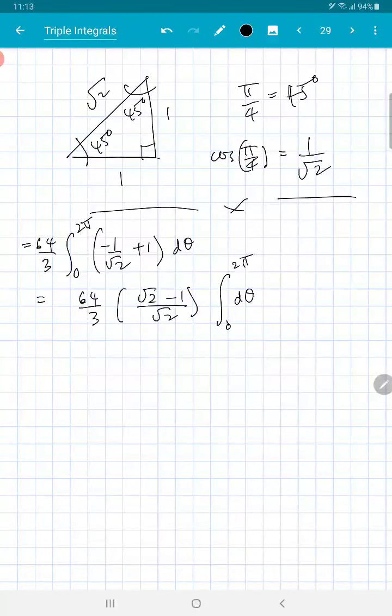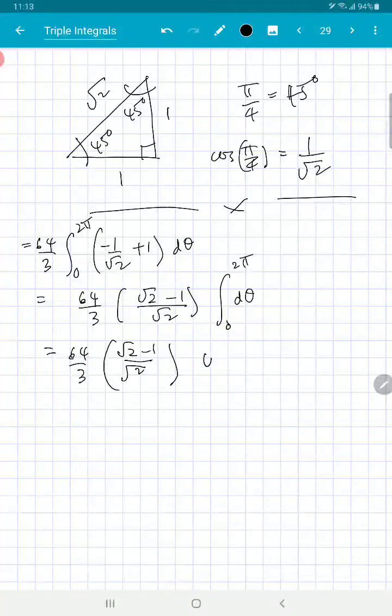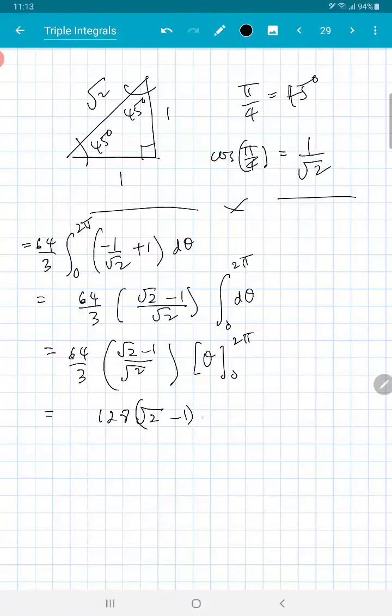Integrate d theta, we get theta, so here we have 64 over 3, square root of 2 minus 1 over square root of 2, and theta from 0 to 2 pi. Simplify that, we get 128 times square root of 2 minus 1, times pi, over 3 square root of 2.